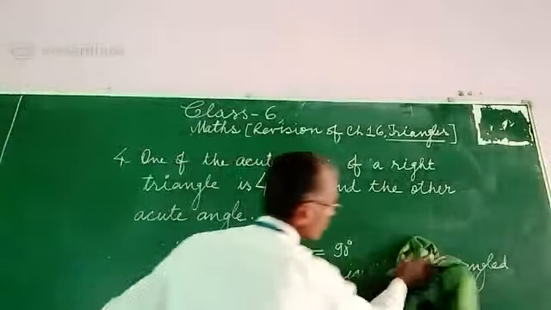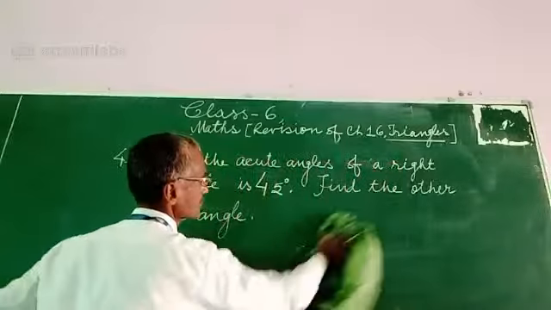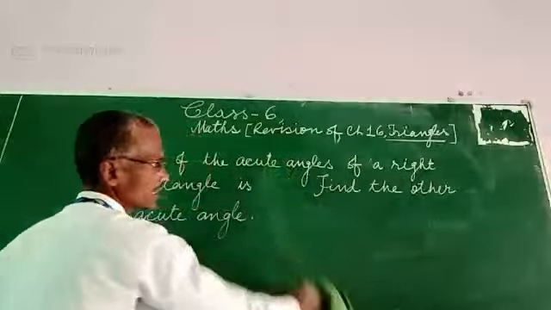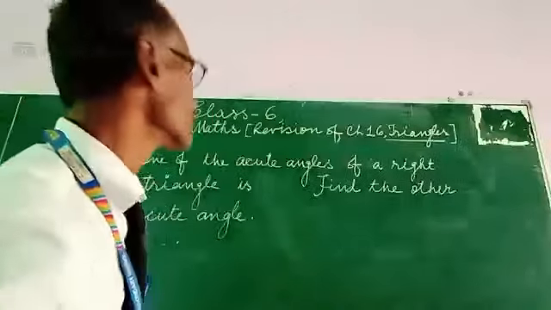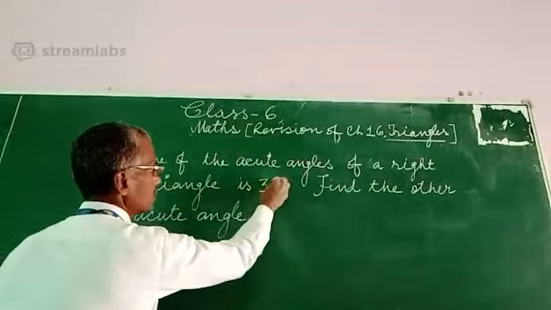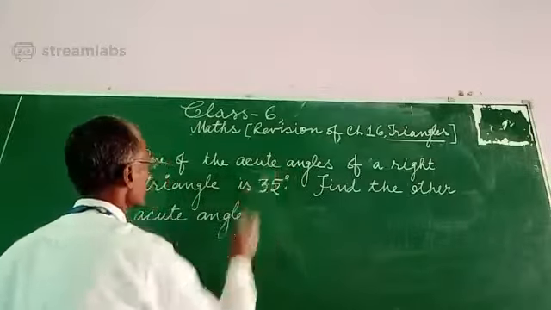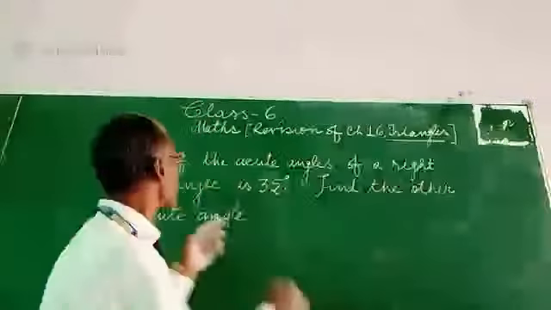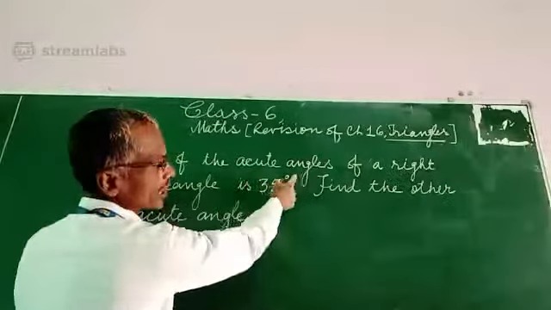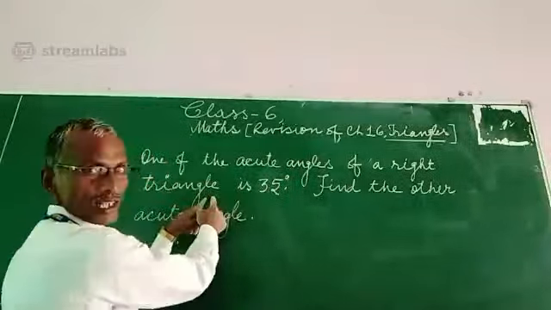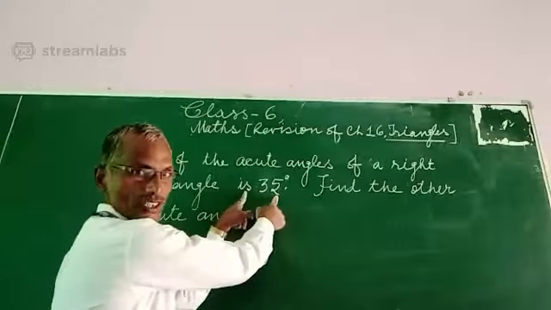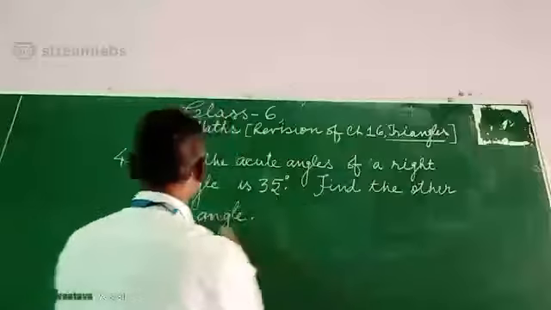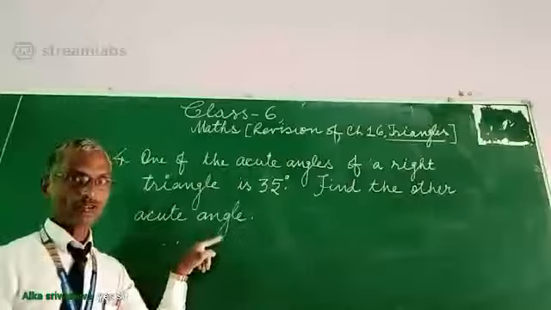Can you solve another question? One of the acute angles of a right angle triangle is 35 degrees. So please find the other acute angle by using the property.